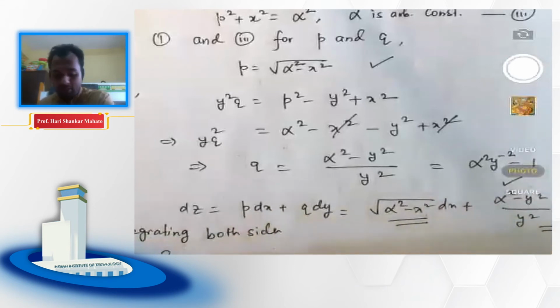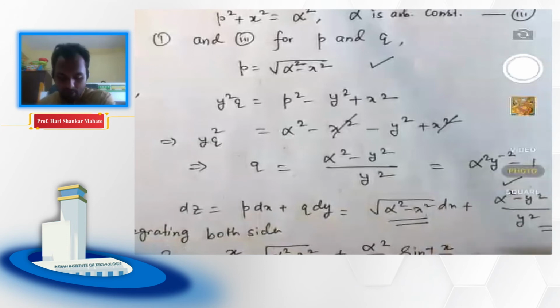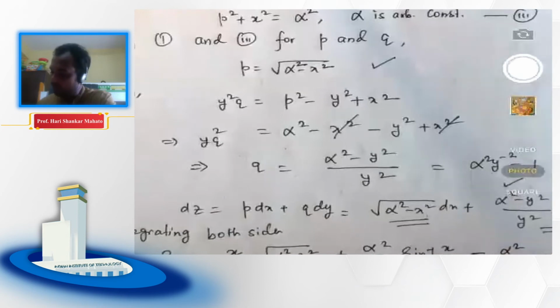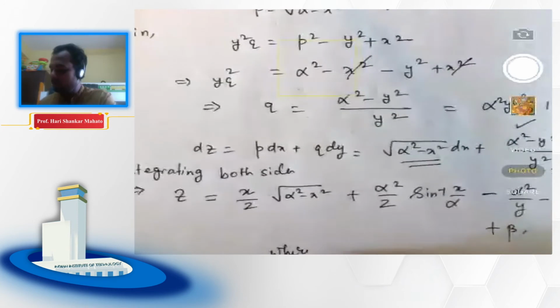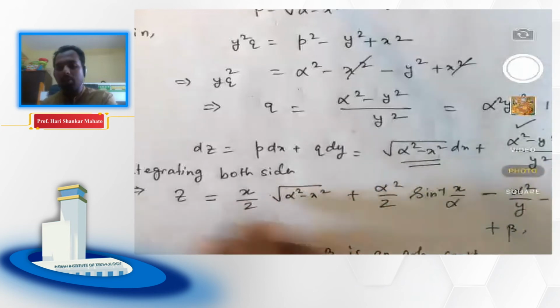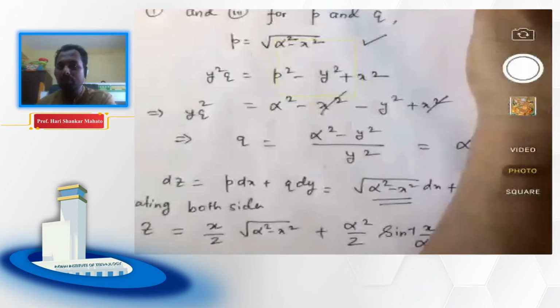So here we will have z equals x by 2 times square root of alpha square minus x square plus alpha square by 2 sine inverse x by alpha, plus minus alpha square by y minus y, plus some constant beta, where beta is an arbitrary constant. So basically this is the required complete integral of your given PDE.